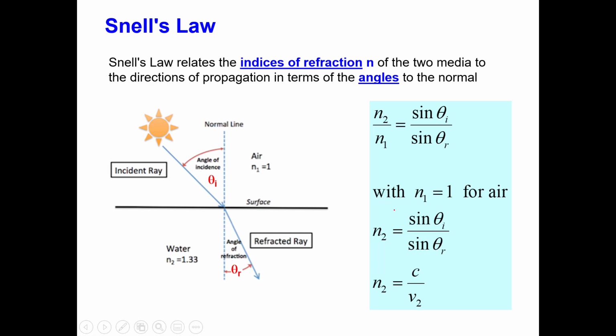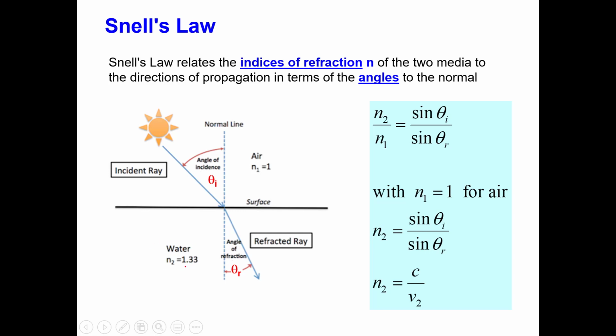Then if we conduct this experiment and the first medium is air, we can rewrite this law and simplify the expression. And this is what you are going to do in the lab.